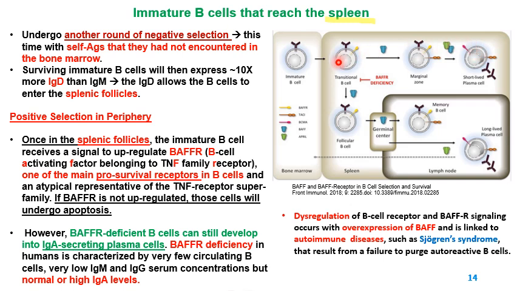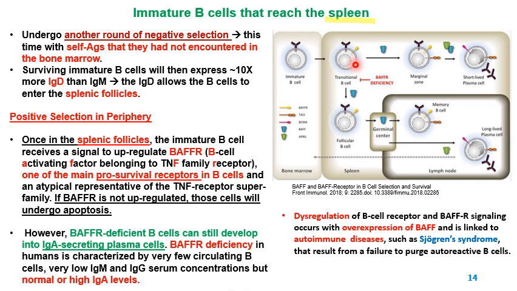Okay, so what is happening in the spleen? In the spleen, this cell is going to interact with some factors and is going to upregulate, to express a specific receptor on the surface of this B cell. You can think of this receptor as the B cell's best friend, because without it, the B cell is going to die.